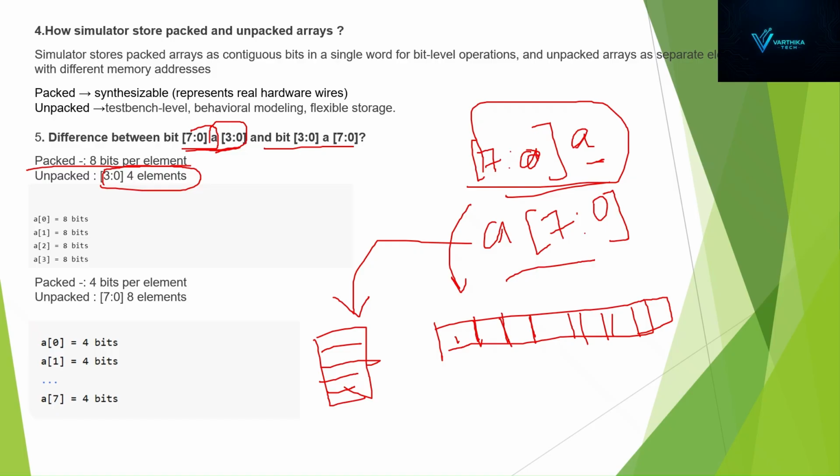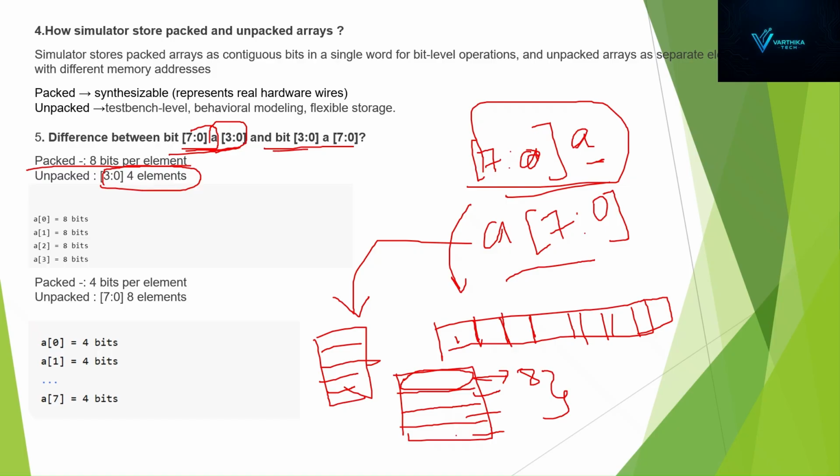The representation will be like this: this is a[0], a[1], a[2], and a[3]. In each of a[0], a[1], a[2], a[3] we will have a total of 8 bits. This is the representation of bit [7:0] a[3:0].